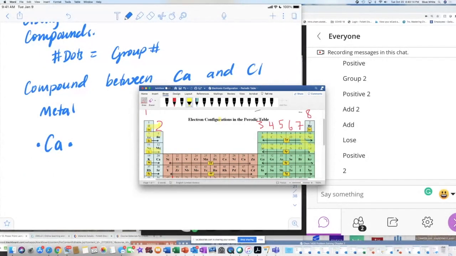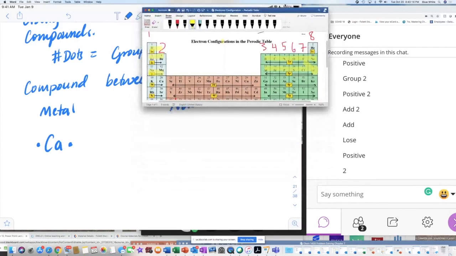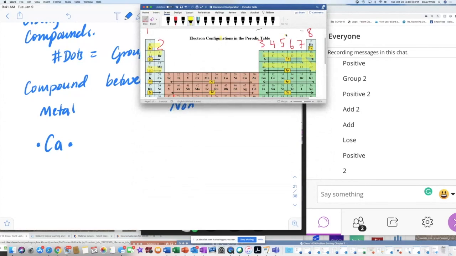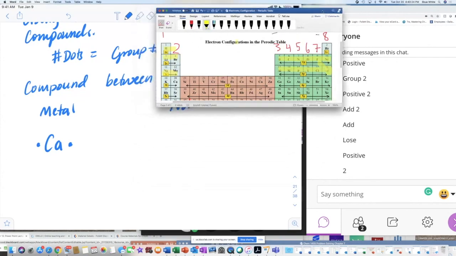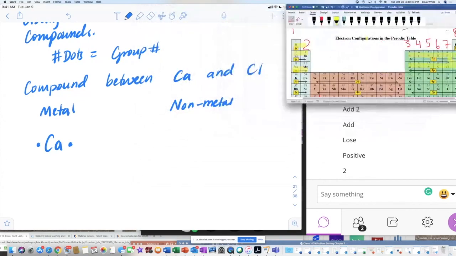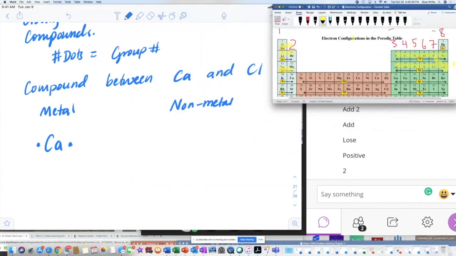And on the right, I'm going to draw our non-metal. This is chlorine.